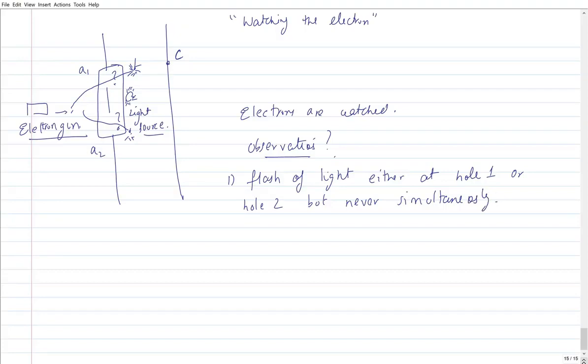So I watch an electron passing through either of the two slits, and when I try to watch it, either I get a flash of light near hole 1 or I get a flash of light near hole 2, but never simultaneously.